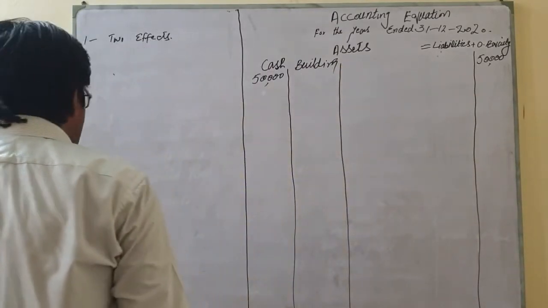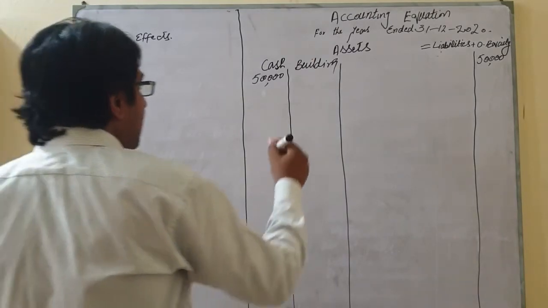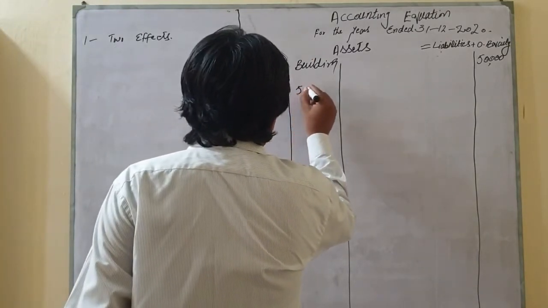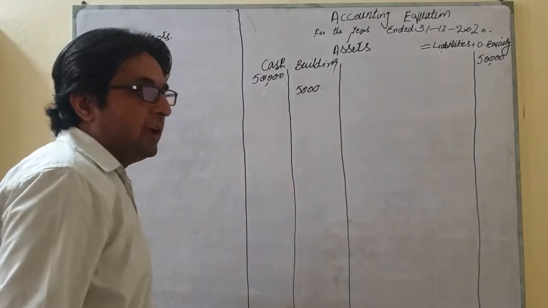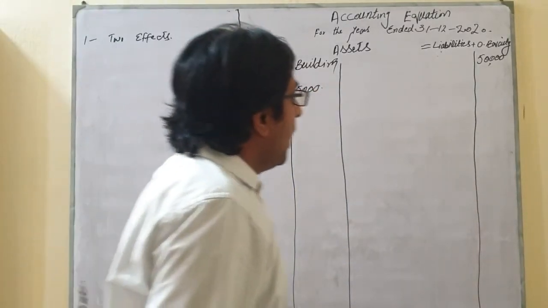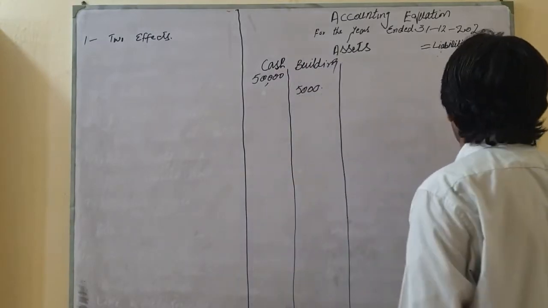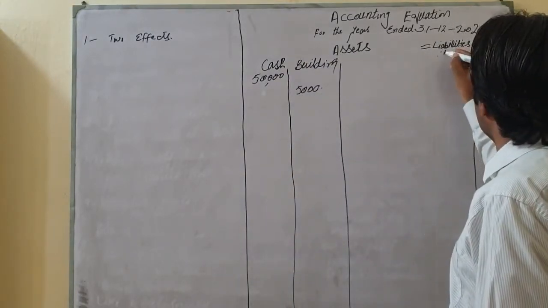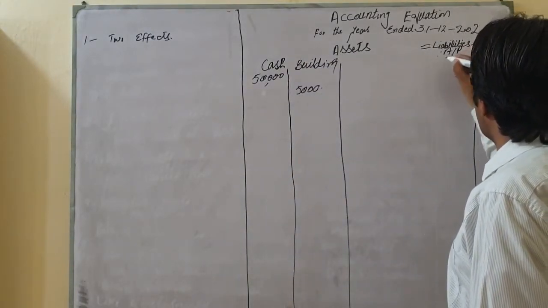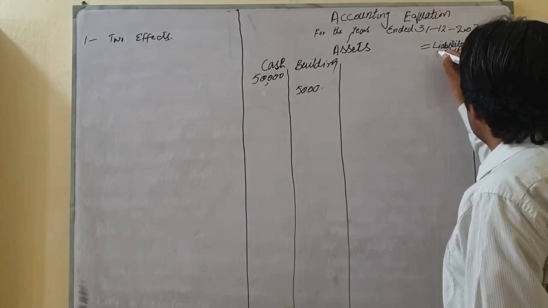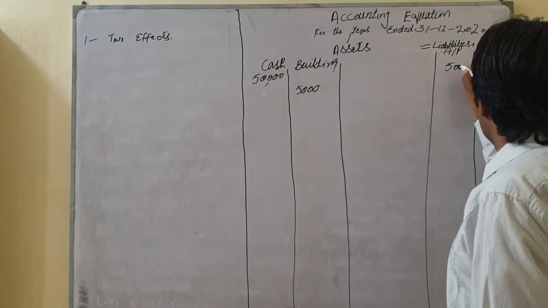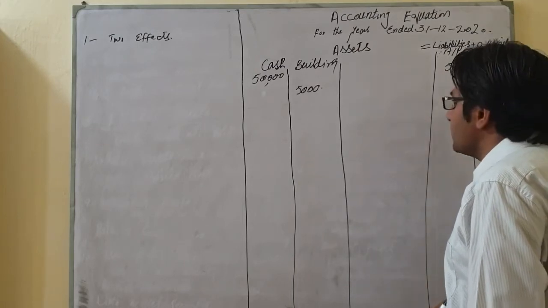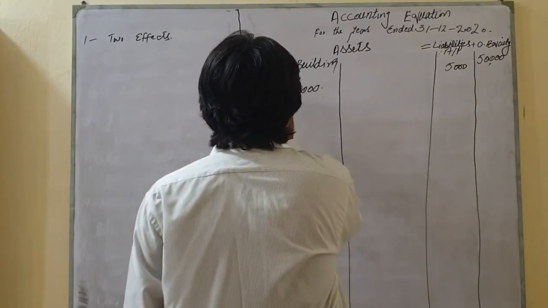We will draw the column of building and the addition is 5,000. We have purchased this building on account. On account means that we have to make its payment at a later stage. So we have to draw another column that is account payable. So here our liability has been increased with 5,000.